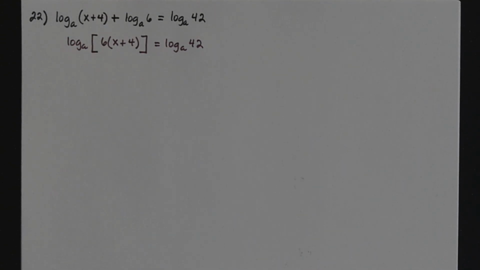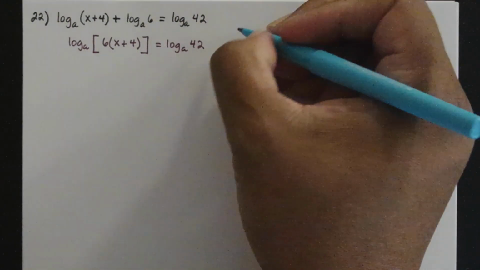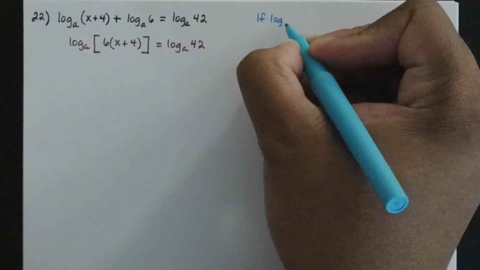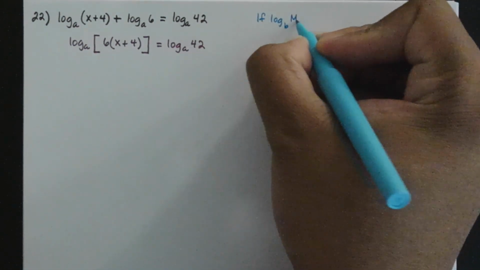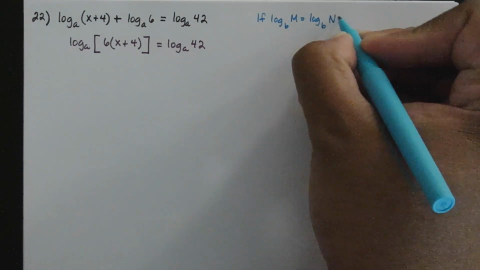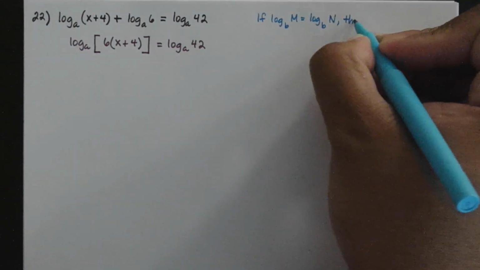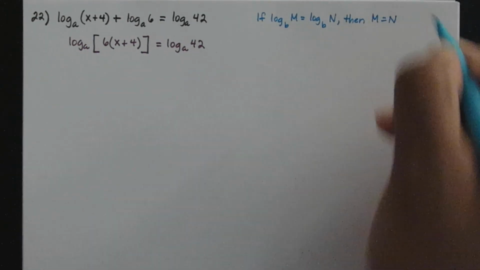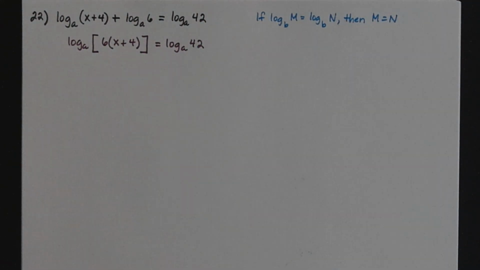And then I'm going to use what they call the one-to-one property. And of course the one-to-one property states this. Now I'll write this out to the side. If I have log to the base b of m is equal to log to the base b of n, then I can set m to be equal to n.